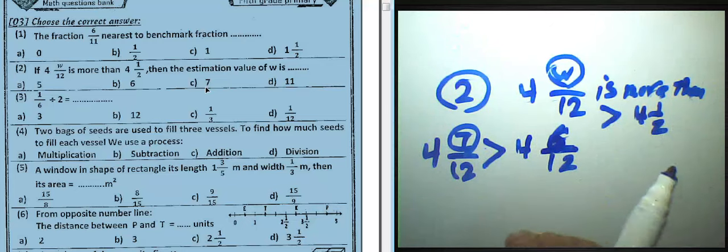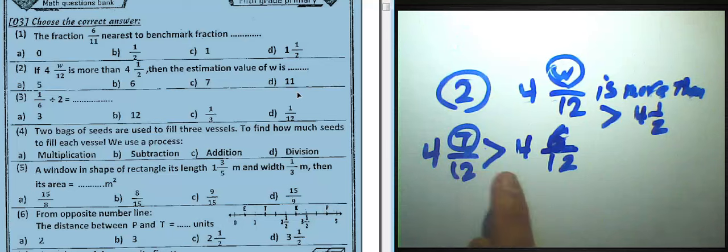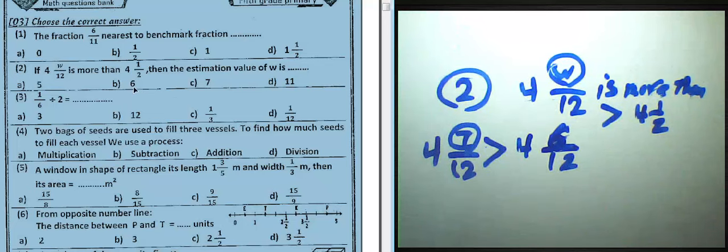Then the value about estimation, what? W must be 7 because it's more than half. Don't write 11. If you put 11 here, it will be nearest to 5. Don't write 6, because if you put 6 here, it will equal 4.5, because 6 over 12 equals half.